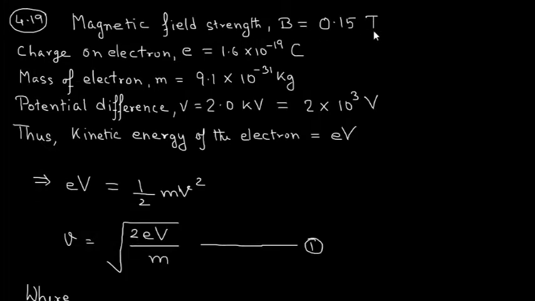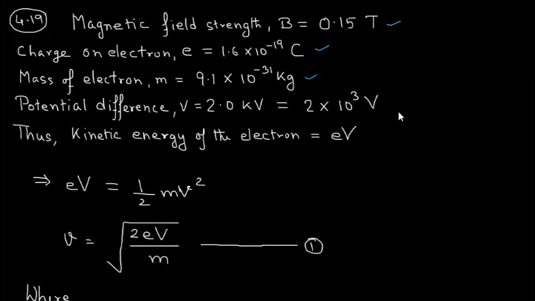So, magnetic field strength B is equal to 0.15 T. Charge on electron e is equal to 1.6 multiplied by 10 to the power minus 19 coulomb. Mass of electron m is equal to 9.1 multiplied by 10 to the power minus 31 kg.